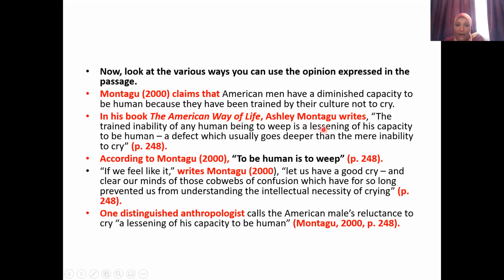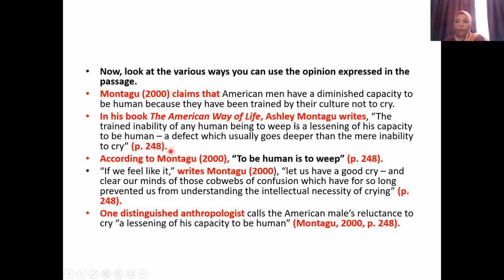Okay? Another way to put in-text citation at the beginning is to mention the name of the book. So in his book, The American Way of Life, so here you're going to mention the name of the book, and you would put a comma, and then you would, of course, refer to the writer. It's a must to refer to the first and last name of the writer when you do this at the very beginning of your summary or research.